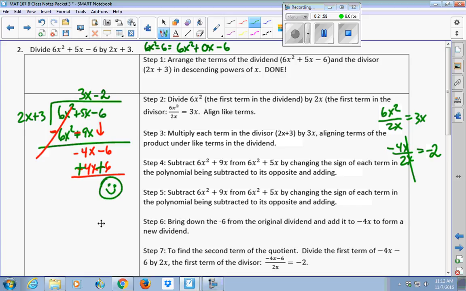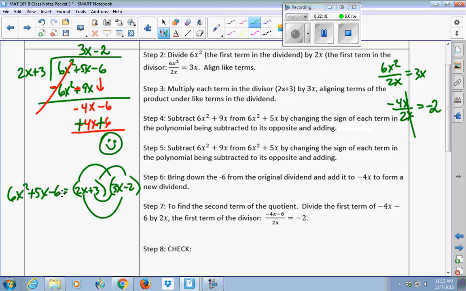There's no remainder. So 6x squared plus 5x minus 6 can be factored as 2x plus 3 times 3x minus 2. And you could always check that with your distributive property twice, or what some of you call FOIL. That's how you would check it, just by multiplying it back.